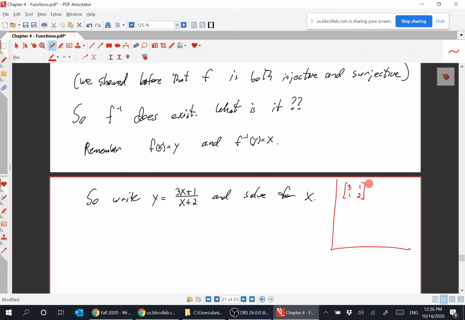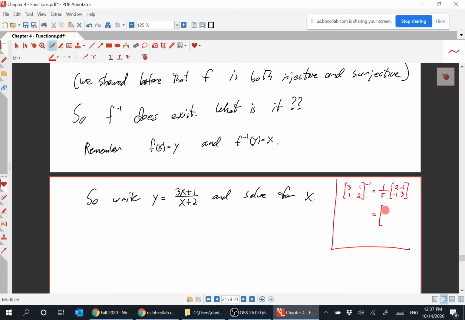What's the inverse matrix of this? It's 1 over the determinant, right? 6 minus 1 is 5, so it's 1/5. How does it go now? I always forget how this goes. It's 2, minus 1, minus 1, 3, right?